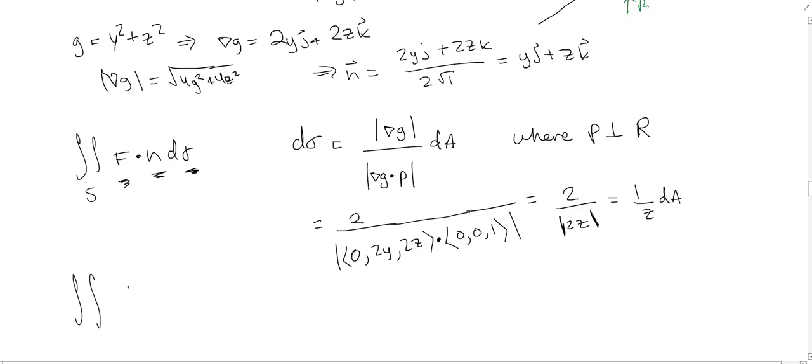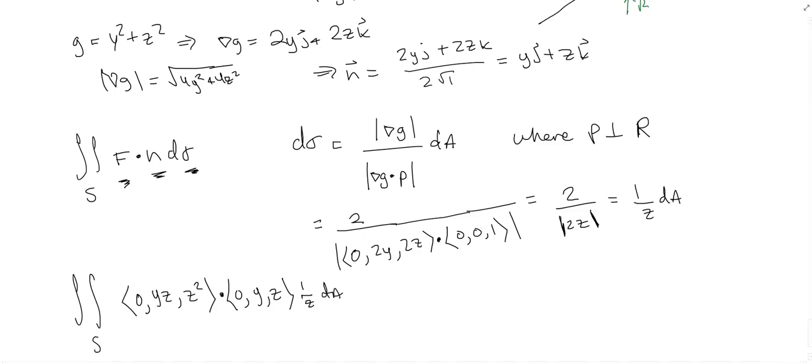Alright, so putting this all together, we have the double integral over our surface of f dot n d sigma. So f was 0, y, z squared, dotted with n, which was 0, y and z, and then d sigma was 1 over z, and we'll leave that as dA for just a minute.